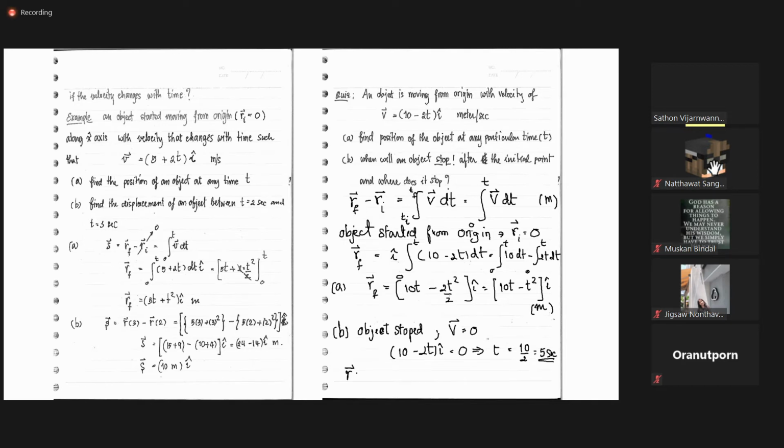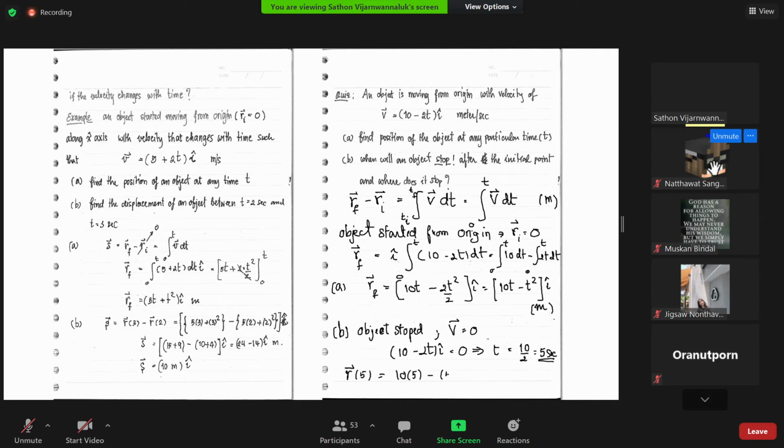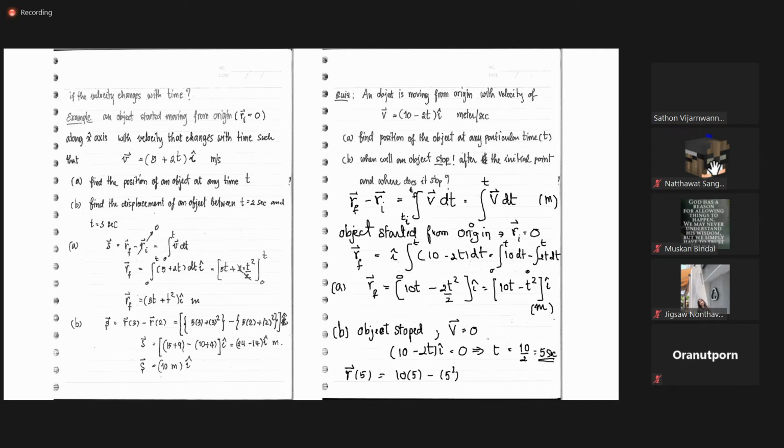Well, the position vector at 5 seconds is (10 times 5 minus 5 squared) i. And 10 times 5 is 50, 5 squared is 25, so 50 minus 25 gives you 25 i meters.